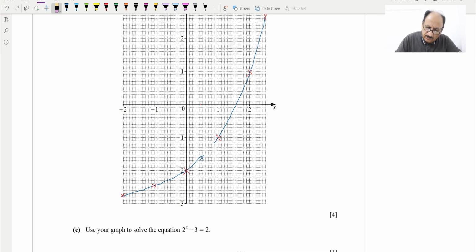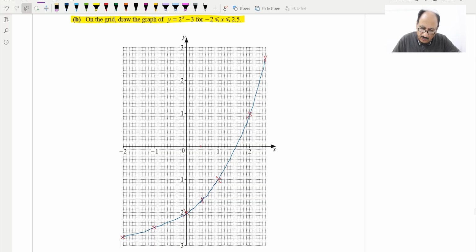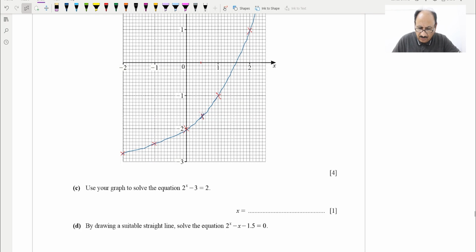So we can erase this section, and this one will be our next point. And now we can draw the graph, and this will be the graph. This is how you can check if your point is odd. You can check if it is not coming on the line. You should always double check these things.